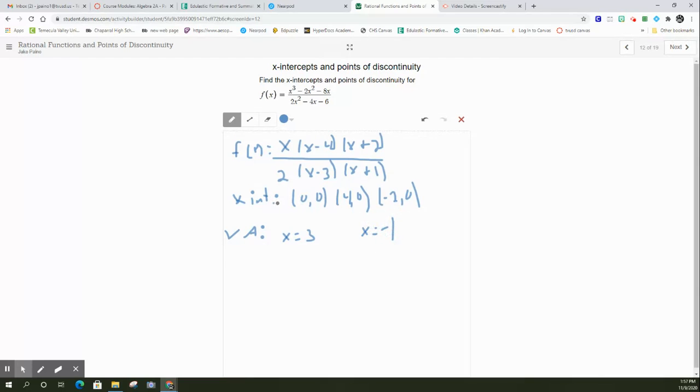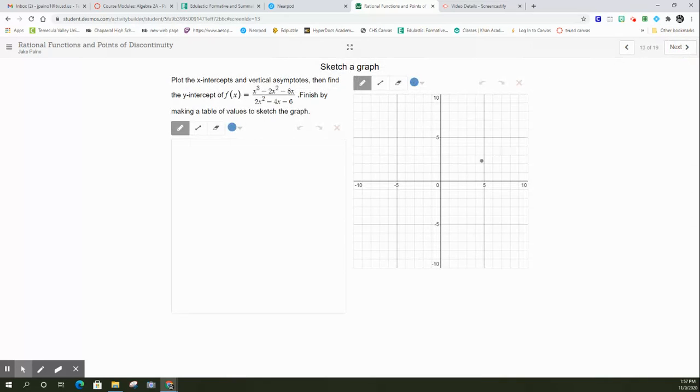All right, so I found all my points of discontinuity and my x-intercepts. So now you can start graphing. I'm going to plot those points. 0, 0 was a point, 4, 0, and -2, 0.